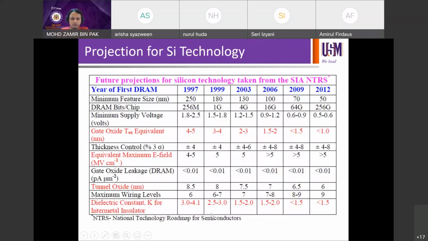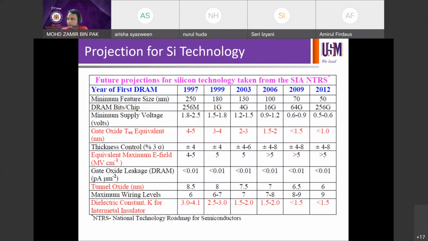So a few summaries to show the evolution, if you like, in terms of the oxide properties. Okay, taken from 97 until 2012 at least, and it's already like 10 years ago. So minimum feature size back in the 90s was like 250 nanometer.